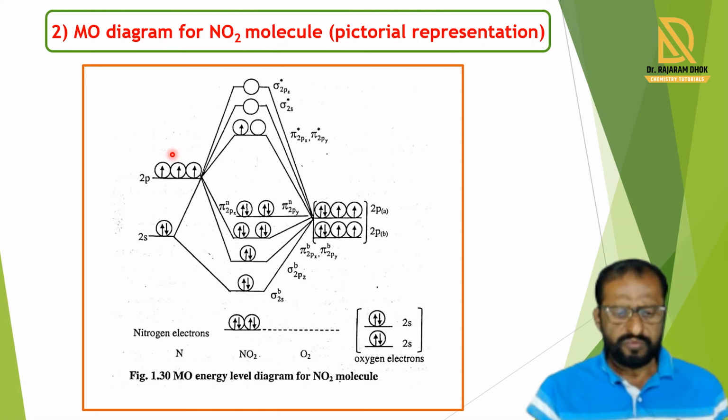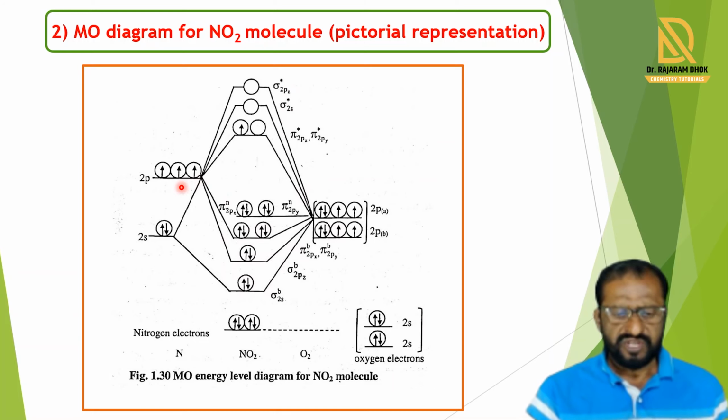So the 2px atomic orbital of nitrogen and the 2px atomic orbital of oxygen, when their wave functions are the same, form sigma star 2px, and the other, sigma star 2s, is formed.